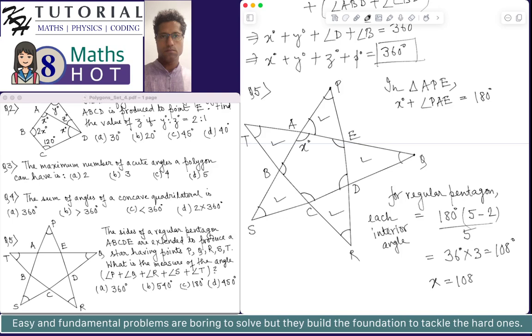Now in triangle APE, this result is based on x degree plus angle PAE equal to 180 degree. This is a very fundamental property of lines and angles. Angle x degree and angle PAE are a linear pair of angles, so their sum should be equal to 180 degree.